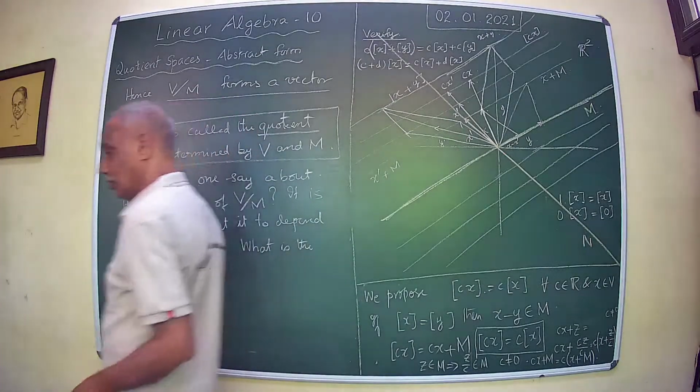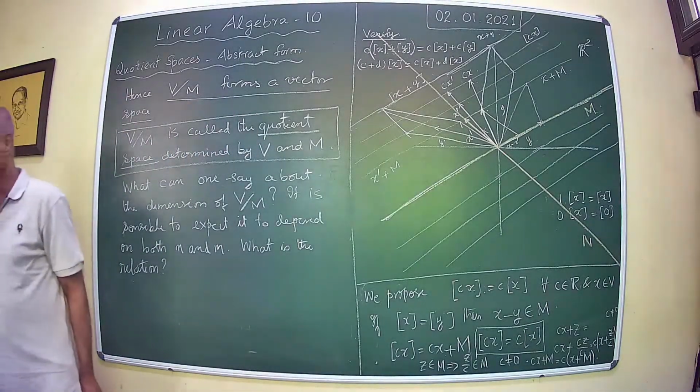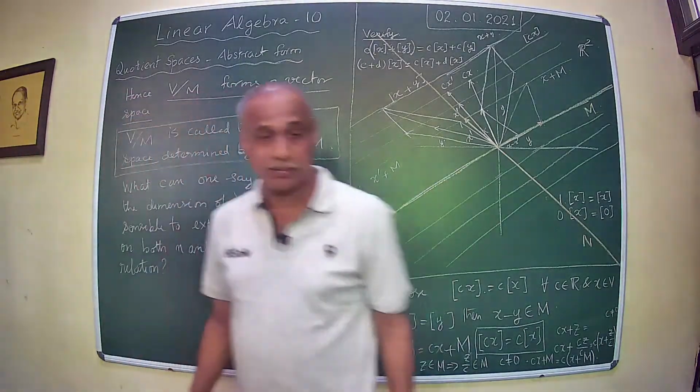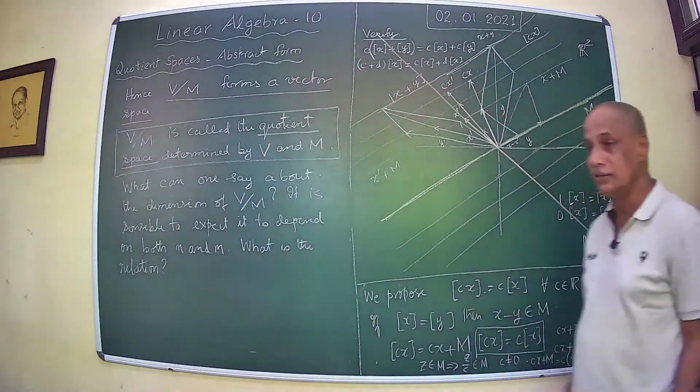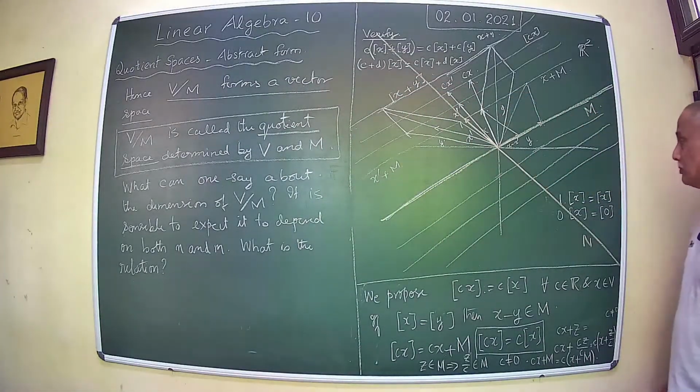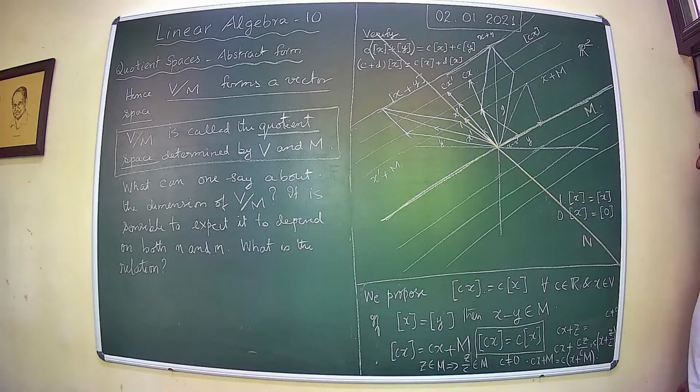That's the whole idea. In short, in mathematical language, we would venture to say that there is an isomorphism between V by M and N.